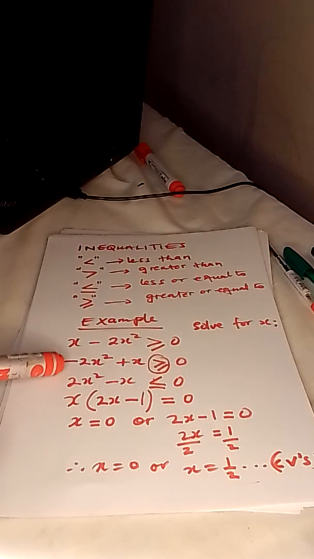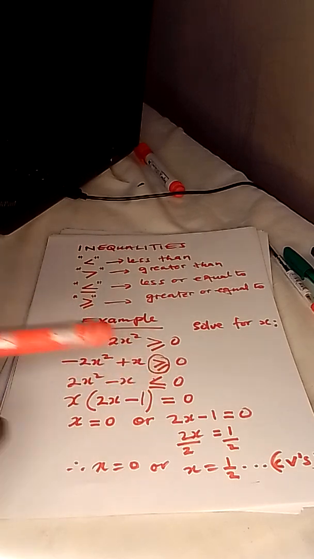Now because the coefficient of x squared is negative, we need to reverse the whole equation. So the negative will become positive 2x squared. I hope you understand. We divide both sides by negative. So we get 2x squared, then because here was plus x, it becomes minus x, less than or equal to 0.